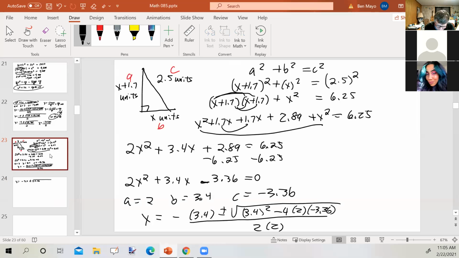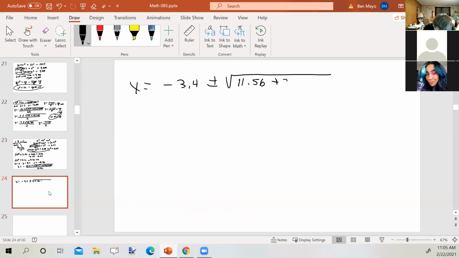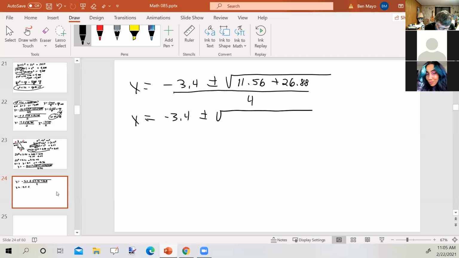I'm getting 26.88, all over 2 times 2, which is 4. Okay, so x is negative 3.4 plus or minus the square root of 11.56 plus 26.88, which is 38.44. All of that over 4.